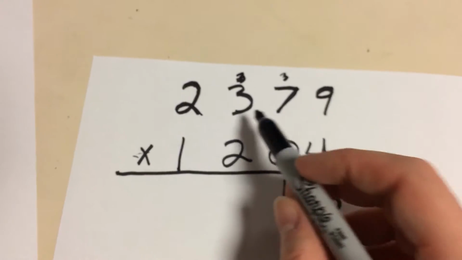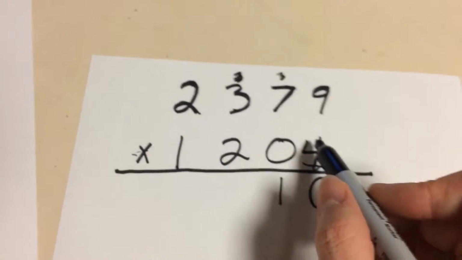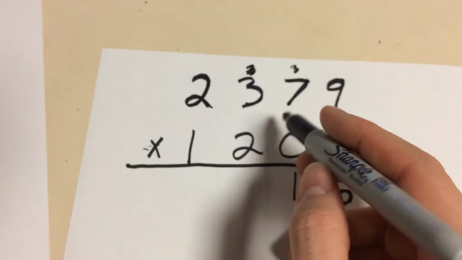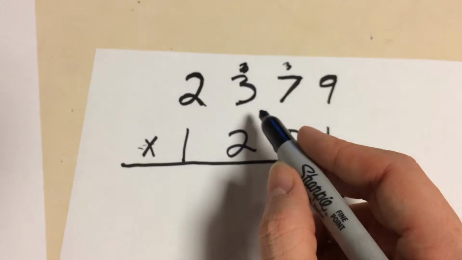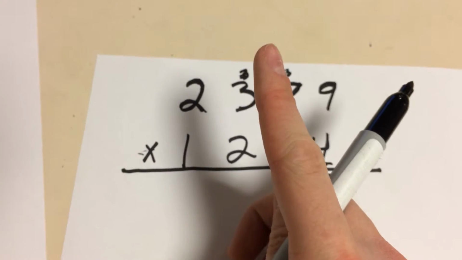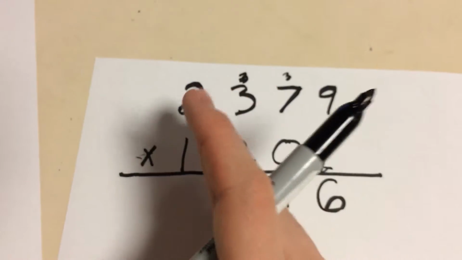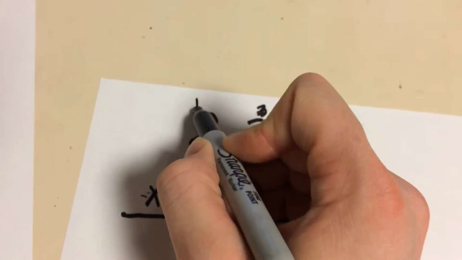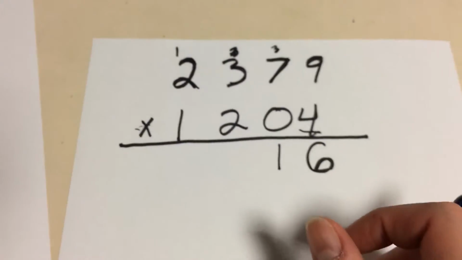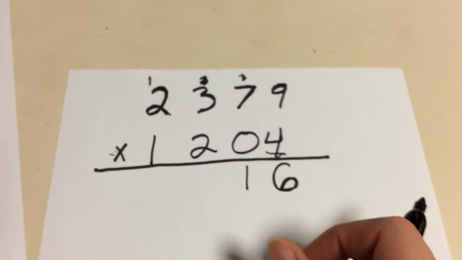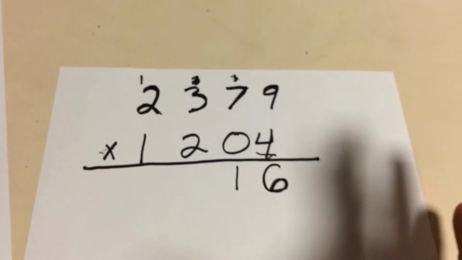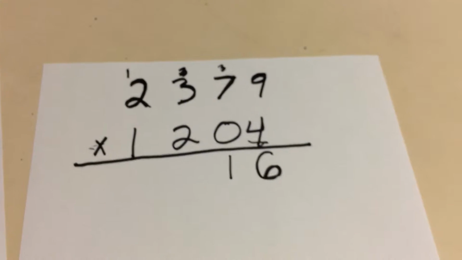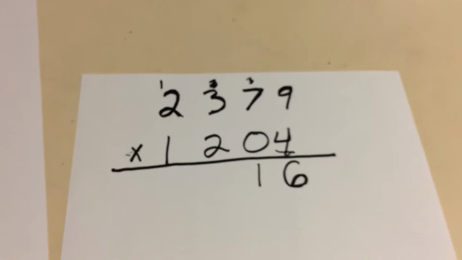Next we'll multiply the 3 times 4. And 3 times 4, we get 12. So, since we have the 1 set of 10 flats left over, we're going to write the 1 over here with the 2 in the thousands place, because we have 1 whole extra set of 10 flats, which creates a cube, which is 1,000.